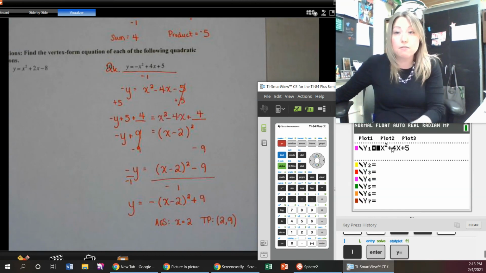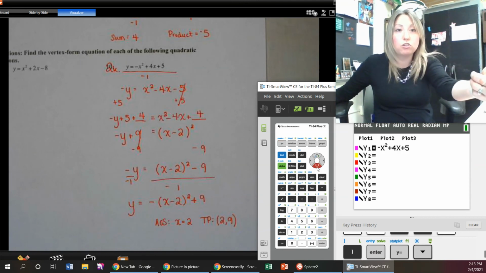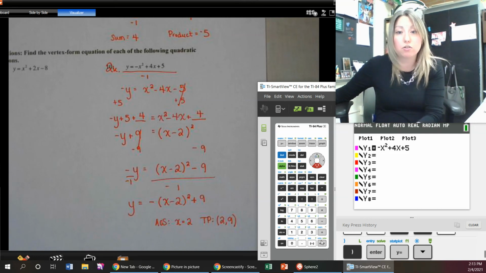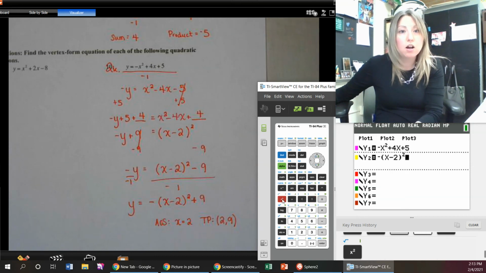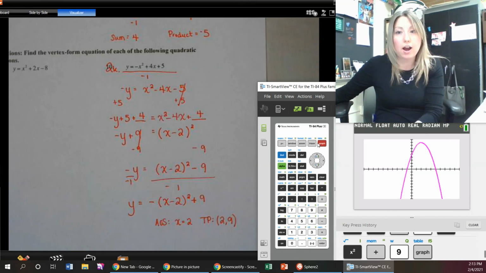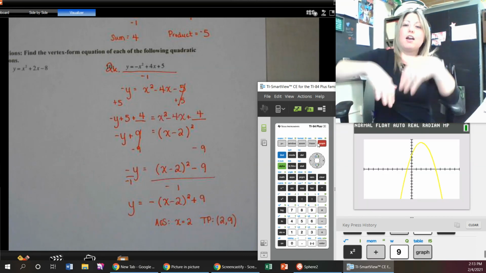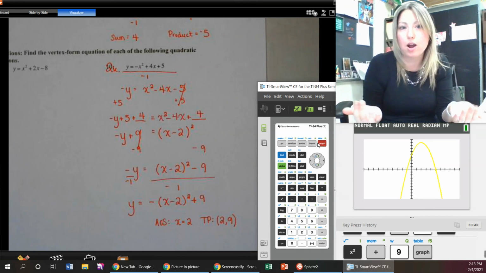You already have this function in there. Now arrow down and put this next function in and check to make sure that they are exactly the same function when graphed. Negative of (x minus 2) in parentheses squared, plus 9 off the end, and press graph. You'll see the magenta one, and then notice the exact same parabola is now gold.